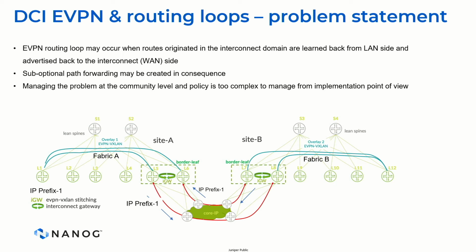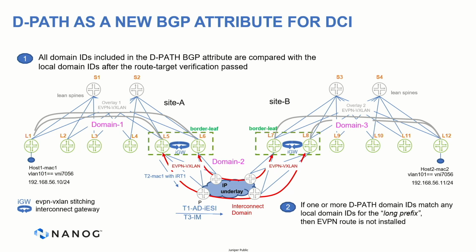So we have a loop prevention mechanism integrated into the solution by default. If we come back to that diagram, it's a little bit bigger. We have two domains, domain 1 and domain 3, and it means whenever I get back a prefix from site B with my local domain 1 in the list, I will just drop that control plane advertisement, right? And always prefer my local one from the reachability point of view.